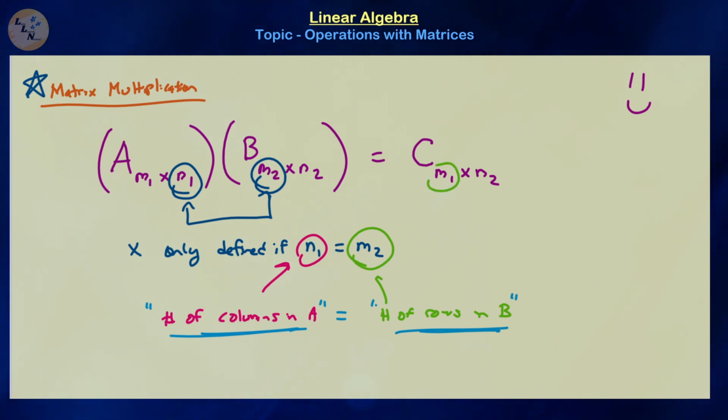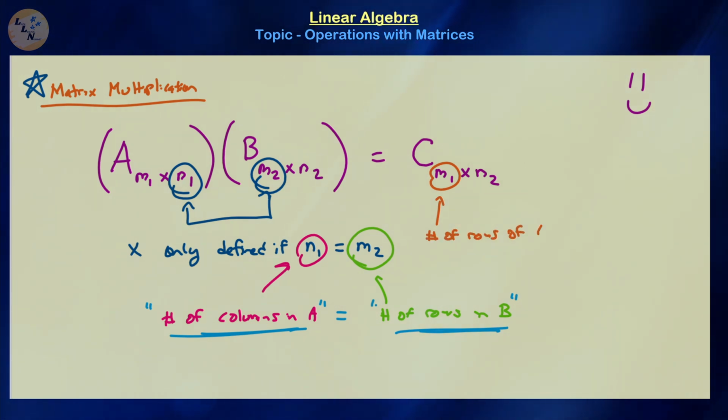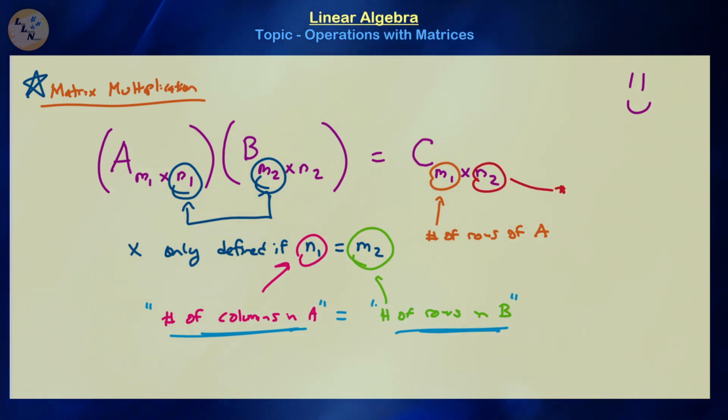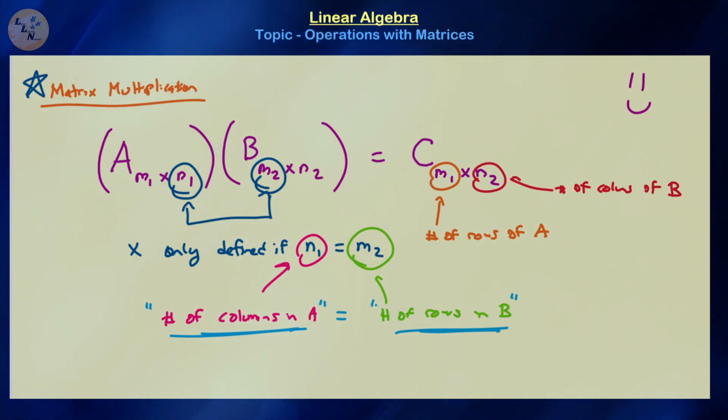So the number of rows of this resulting matrix is the number of rows of A, and the number of columns of B. Very strange on the surface of why we would define matrix multiplication this way, but eventually you'll see that this is actually a pretty nice way of defining it.